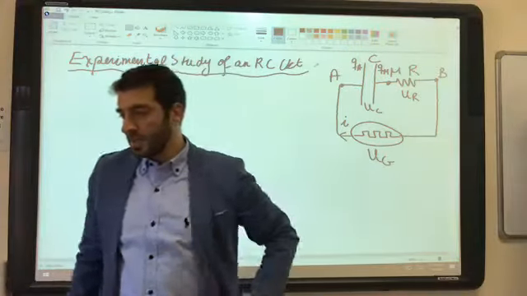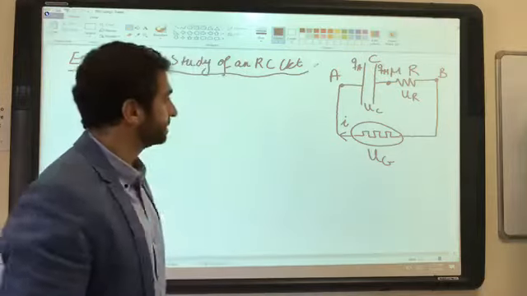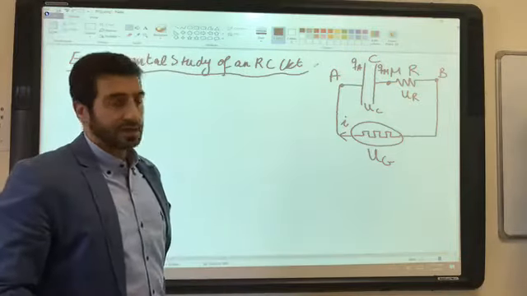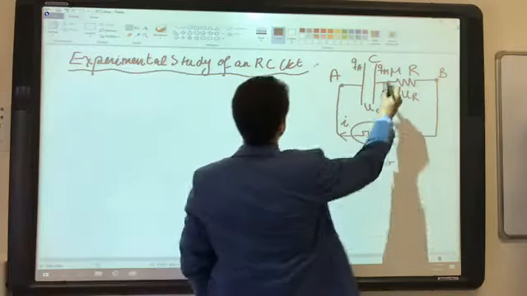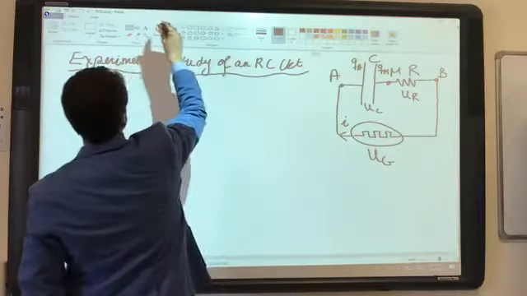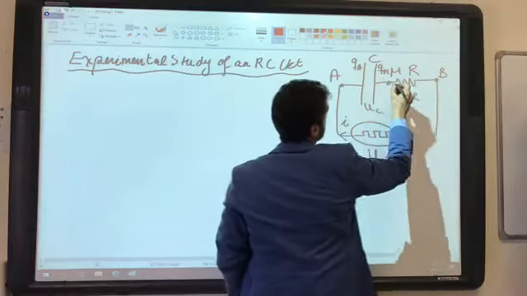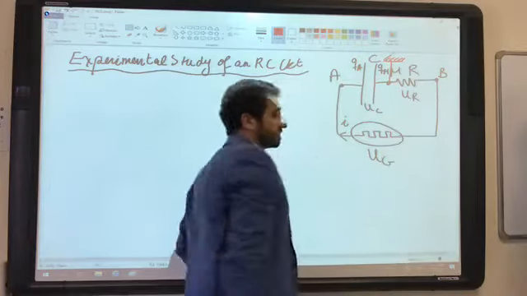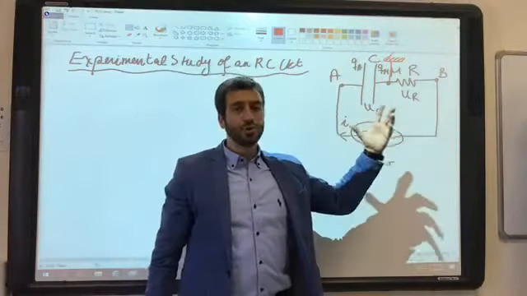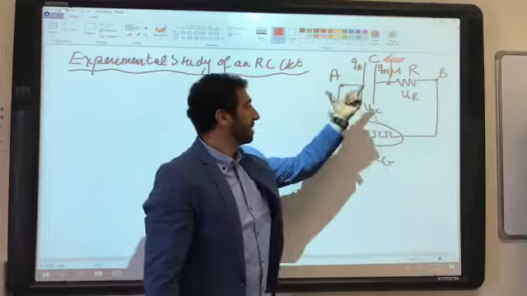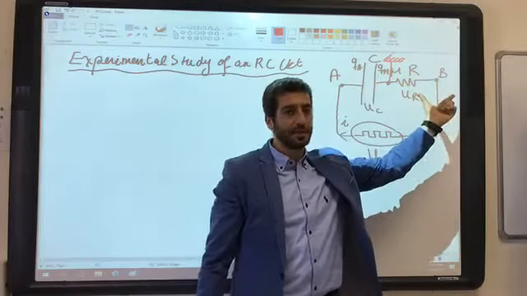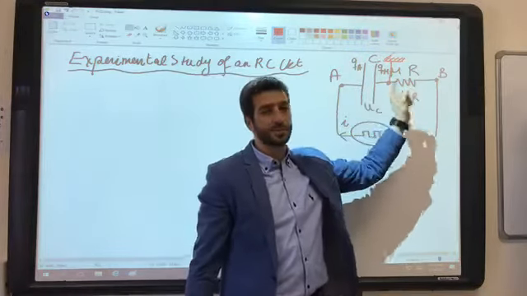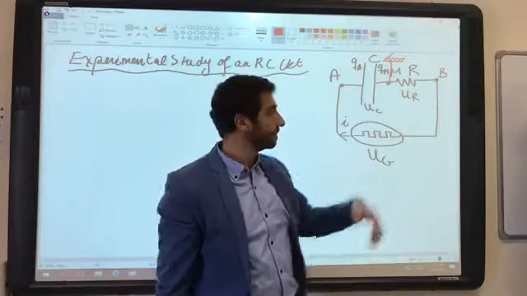Well, we connect the oscilloscope such that we connect it here. I'm going to use another color, red. This is the ground. We want to measure two components, the capacitor and the resistance, so we put the ground in between them.